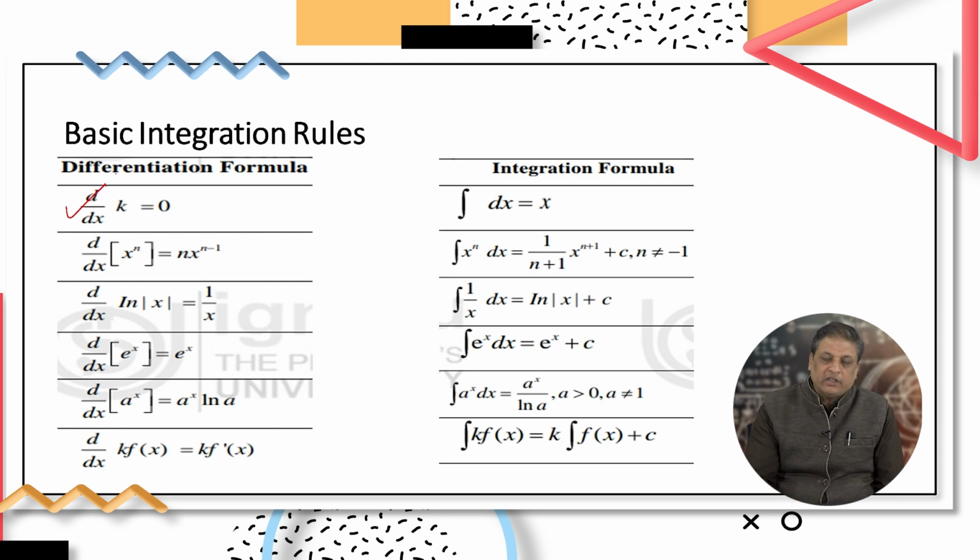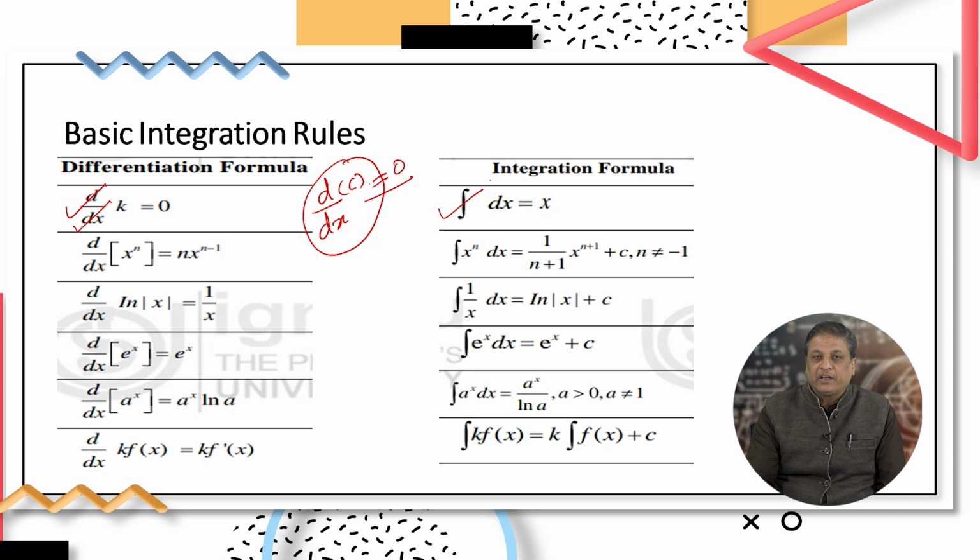The first formula in differentiation says that the derivative of a constant is equal to 0, because differentiation relates to the rate of change. The constant is not supposed to change; at one point it is constant, at another point it is also constant, there is no variation. So the variation of the constant is equal to 0. That's why d/dx of a constant is equal to 0.